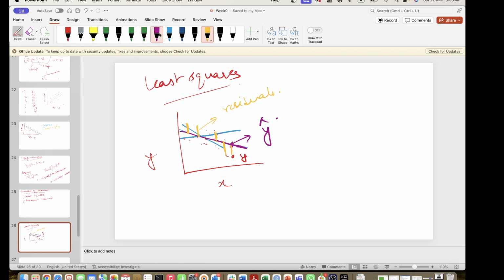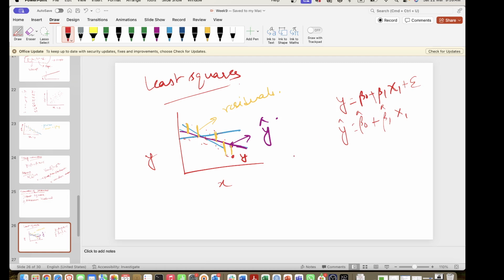So if I write it here, y is actually beta naught plus beta 1 x1 plus epsilon, and y hat is beta naught hat plus beta 1 hat x1. So y minus y hat is in some way giving me the difference due to error.